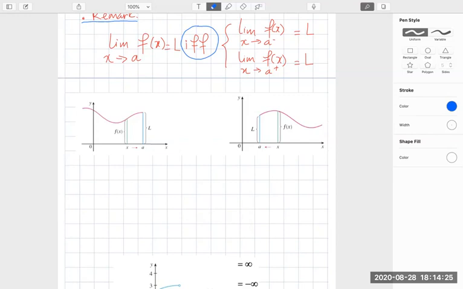So it means that the limit of f of x as x approaches a from the left is equal to L for this figure. Similarly, when x goes from the right side of a, the right-hand limit of f of x in this case is L. Okay.